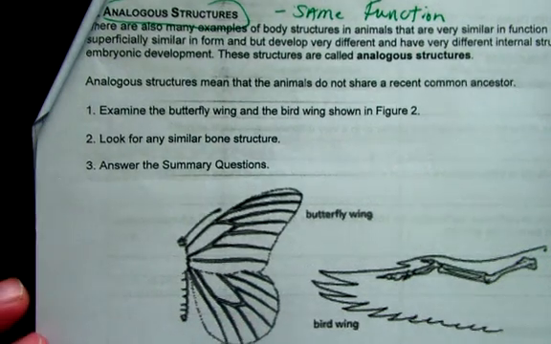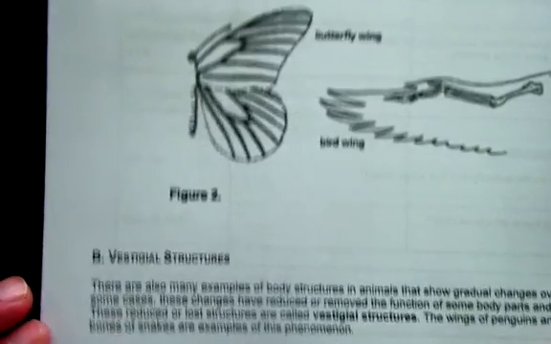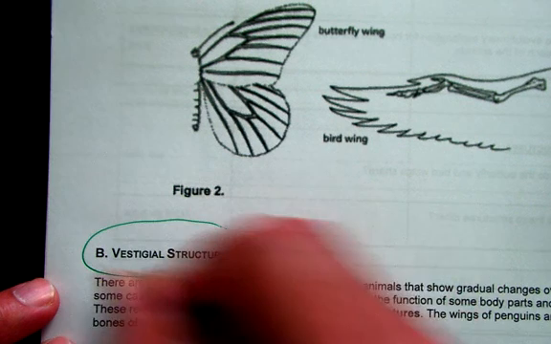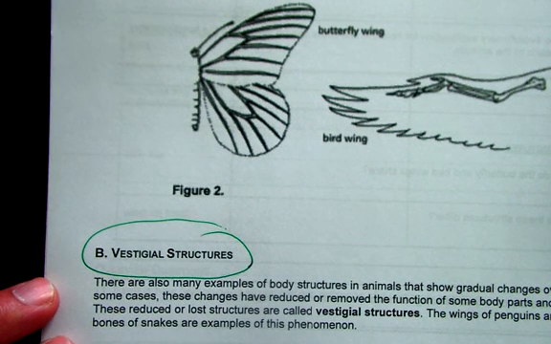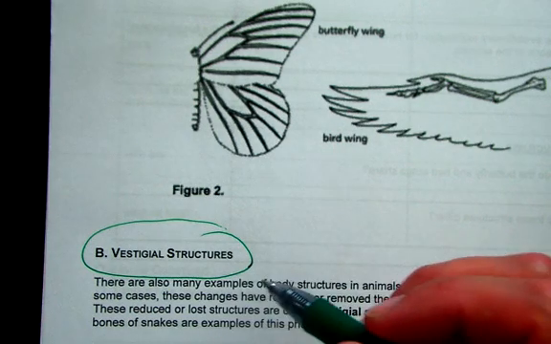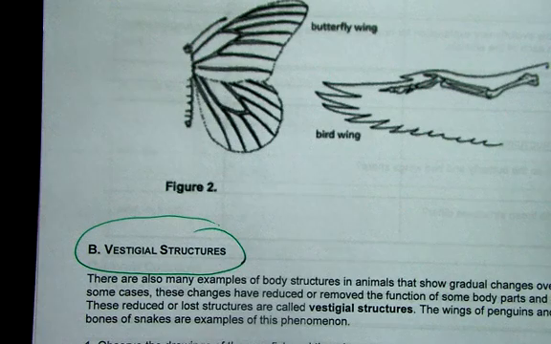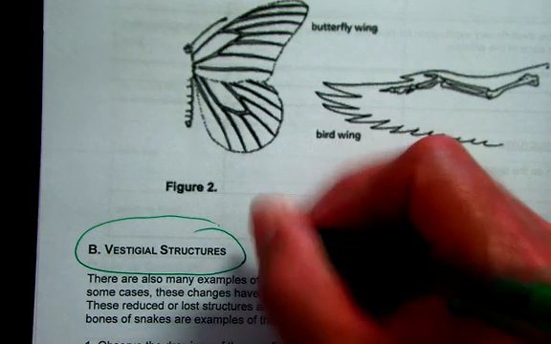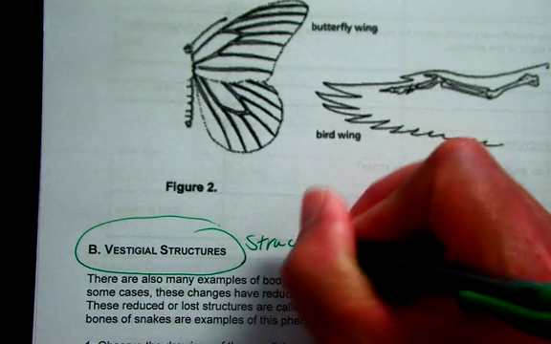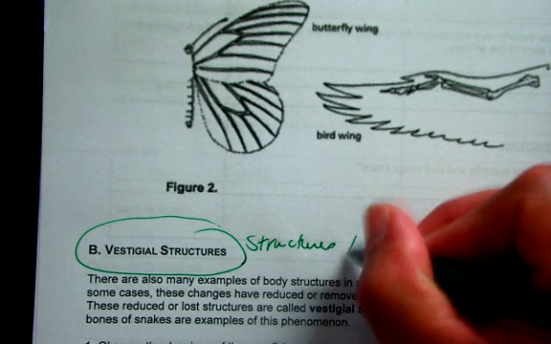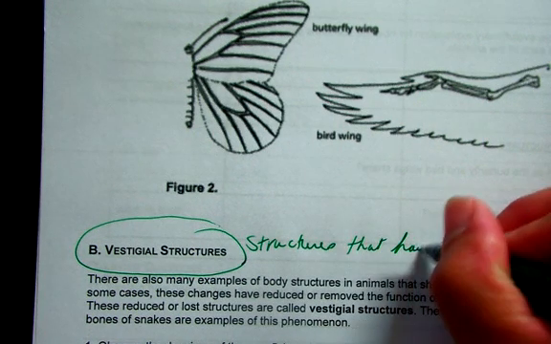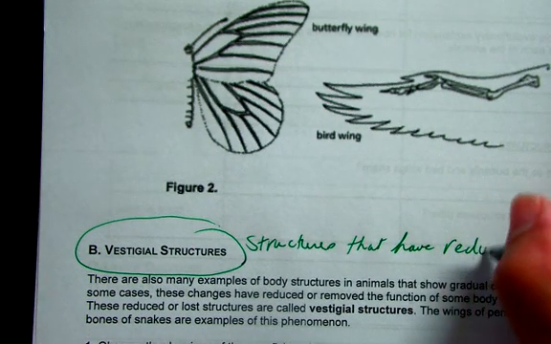And then we've got this word down here called a vestigial structure. Vestigial structures are structures that have reduced function.